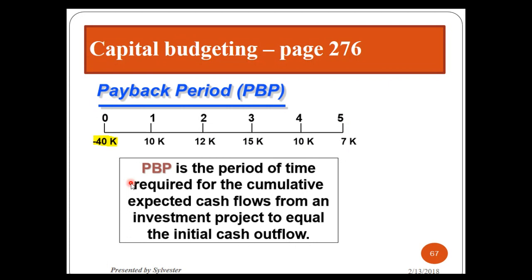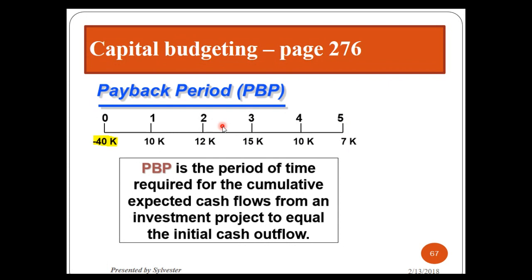As you can see, when it comes to year 1, we have got 40,000, but in year 1, we made cash of 10,000. So if you minus 10,000, you are still going to cover what? 30,000. So in year 2, we covered 12,000. Now we are remaining with 18,000.